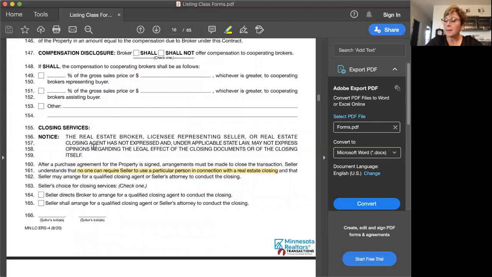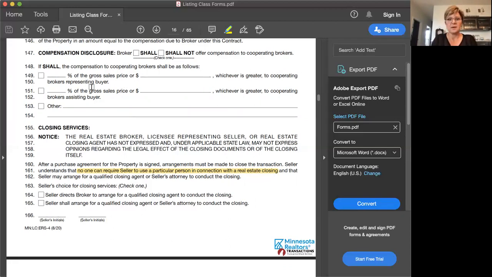Okay. So just for example purposes, say I charge 6% to list your property. Of that 6%, Mr. and Mrs. Seller, I am going to check line 149 and I'm going to share 3% of the gross sale price to any cooperating broker who's fully representing the buyer.